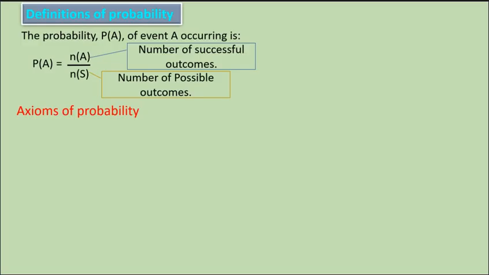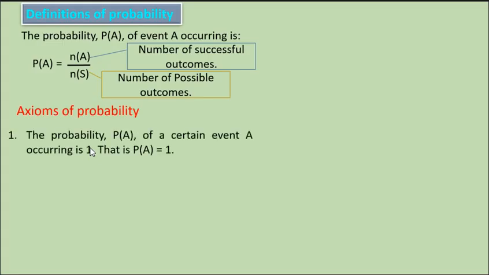An axiom can also be the basic truth that everybody knows, or a principle that doesn't need to be proven because it is what we already know. An axiom can be a starting point of reasoning or building a logical framework in mathematics. A triangle has three sides. It's an axiom. We don't need to prove that. We know that triangles have three sides. What are the axioms of probability? Things we cannot debate about probability.